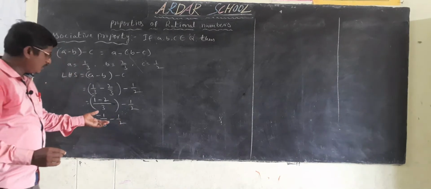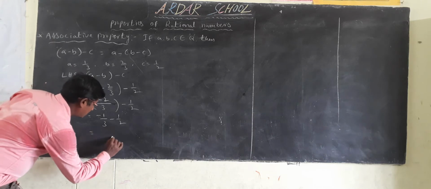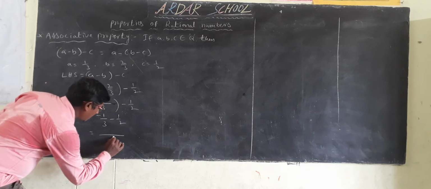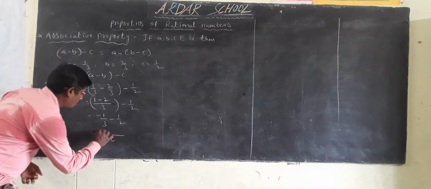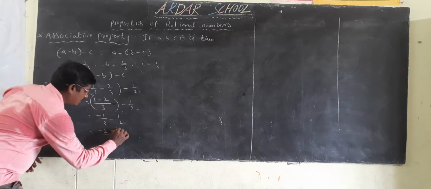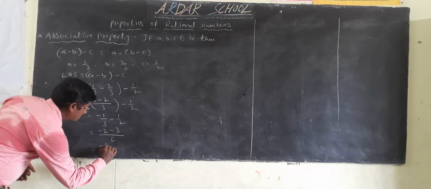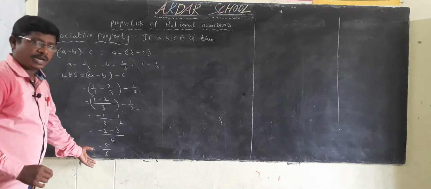So here the LCM of 3 and 2 is 6. 3 2s are 6, minus 2, minus 3, that is equal to minus 5 by 6. So LHS is minus 5 by 6.